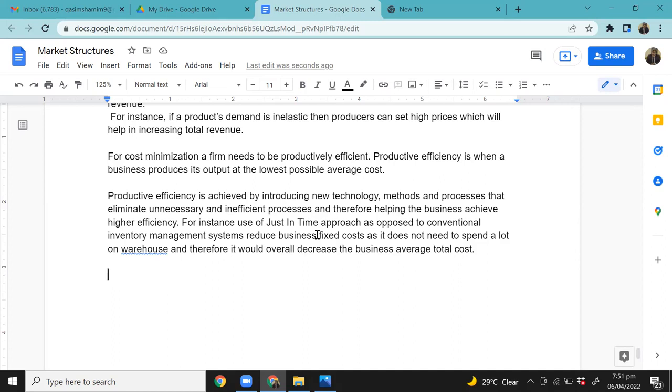Because you don't need to build a big warehouse, you don't need to pay the rent, you don't need to get other equipment in the warehouse and all that. When that reduces your fixed cost, obviously, total cost is made up of fixed cost and variable cost. So when your total cost decreases because of that, your average total cost would also decrease, right? Students, are you getting this? If anything is confusing about how these different cost components are connected, you have to ask me there and then.